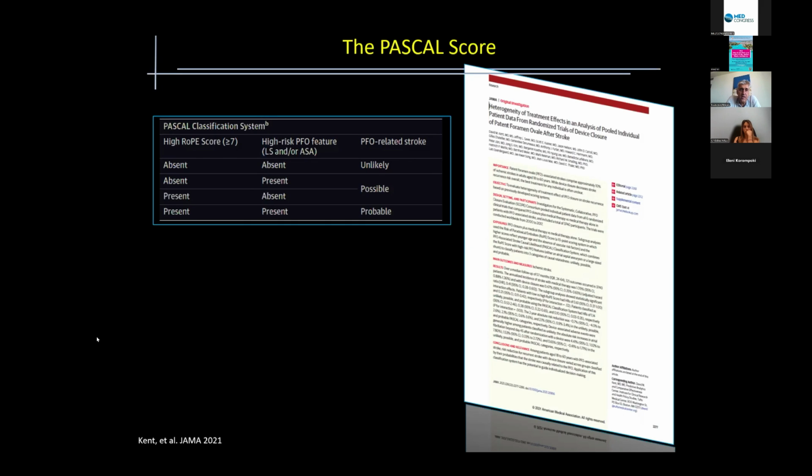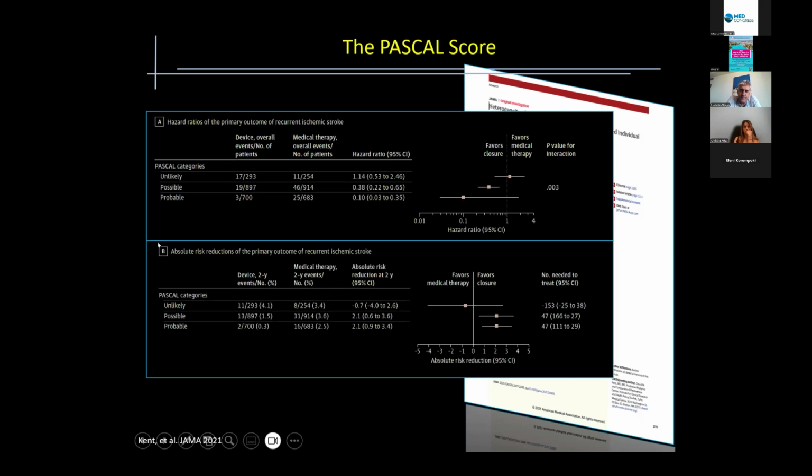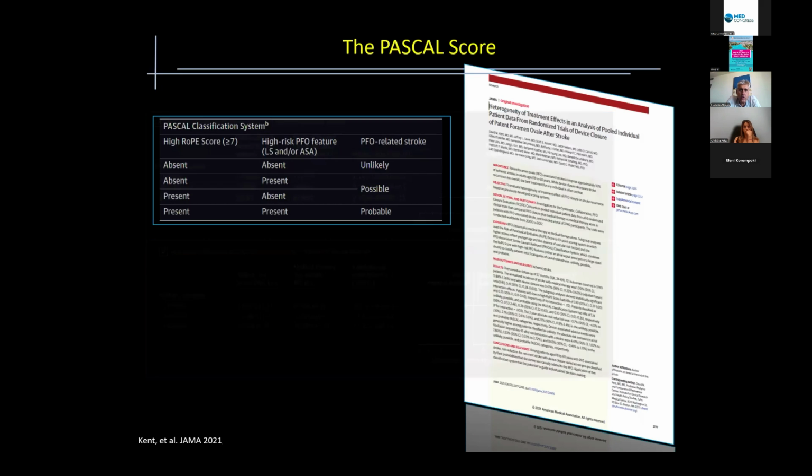For example, let's see the last row. You see, if your patient has a high RoPE score, that is, has very good cardiovascular health and no other comorbidities, and there is an ugly-looking PFO, then it is really probable that this is a PFO-related stroke.